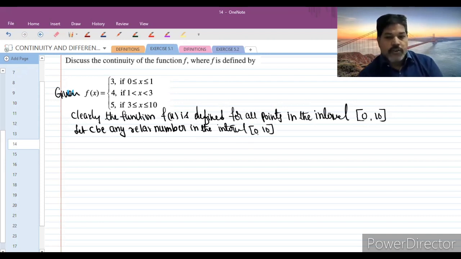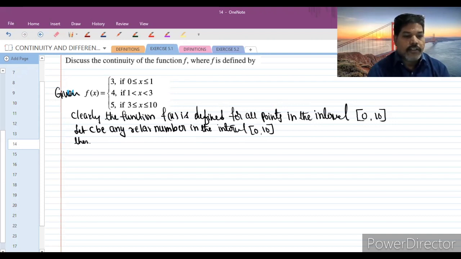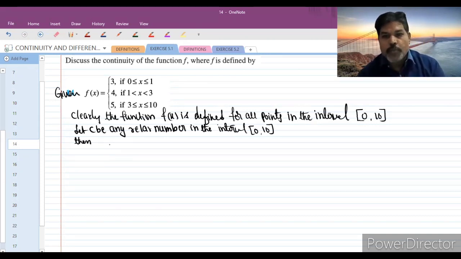Then what happens? There exist cases from the given problem. You have to identify them first. So first case, then what happens?